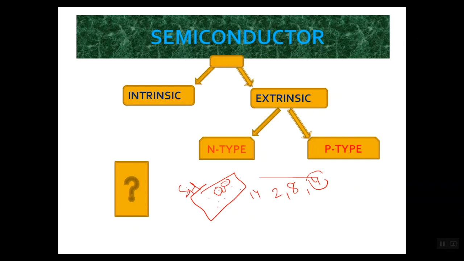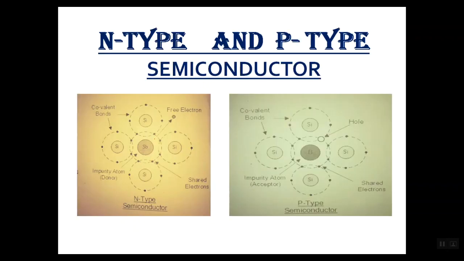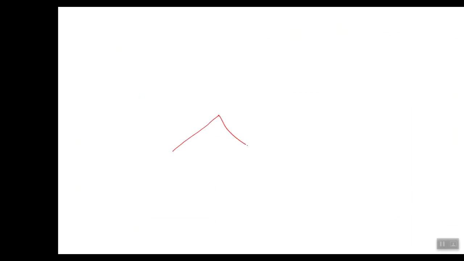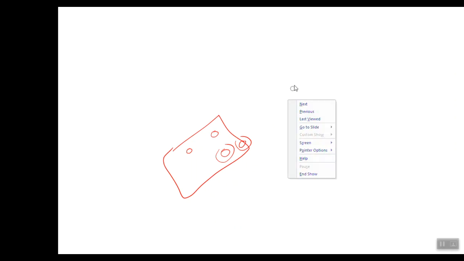Let us see how it is. In next slide we will check. See, now suppose this is one piece of silicon semiconductor, and inside there are atoms. These are atoms. I'll take 2 atoms outside to make it very clear.